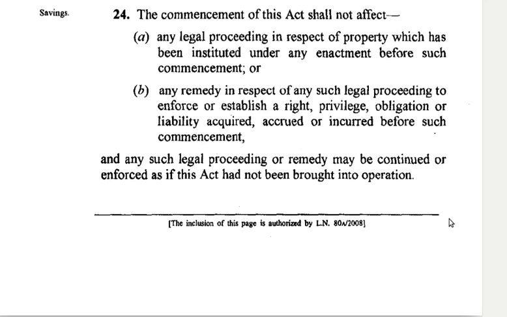And any such legal proceedings or remedy may be continued or enforced as if this act had not been brought into operation. So that is the Property Rights of Spouses Act.